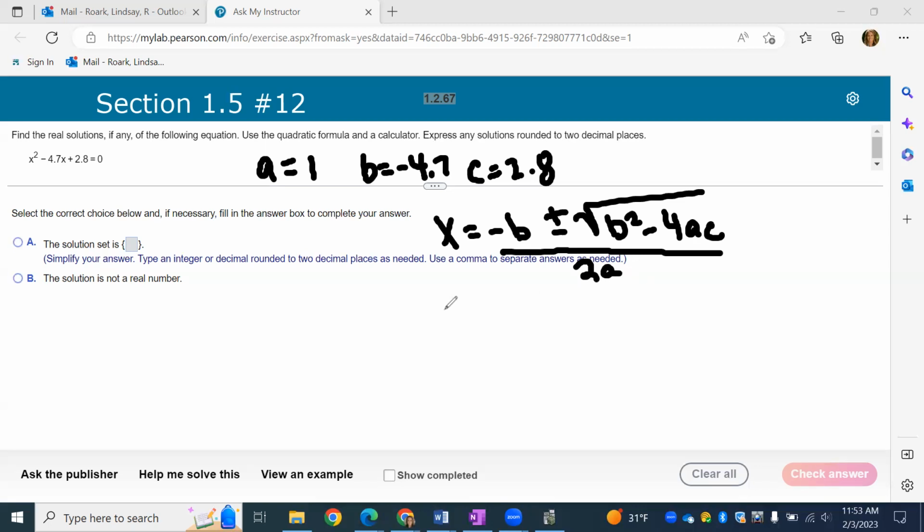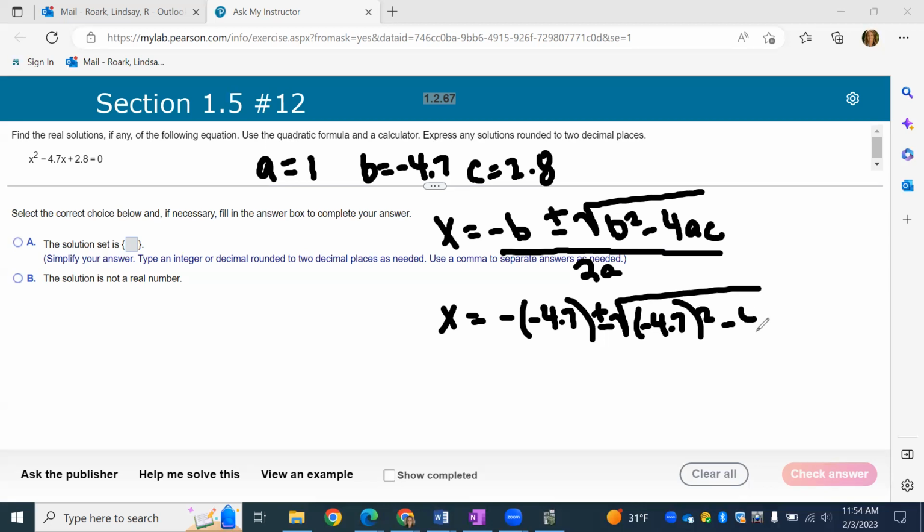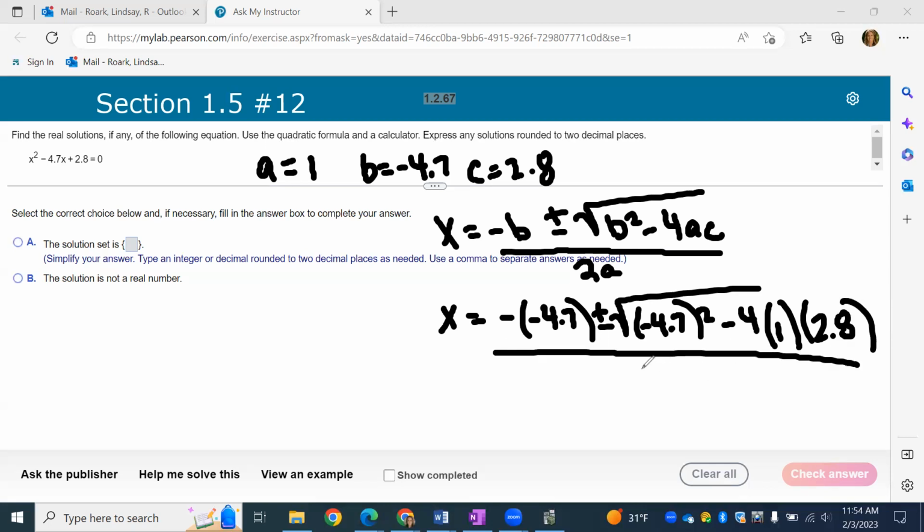What we'll do first is substitute in our values. For negative b, we'll put negative 4.7, plus or minus the square root of negative 4.7 squared minus 4 times a, which is 1, and c, which is 2.8. And this is all divided by 2a, which is 2 times 1.